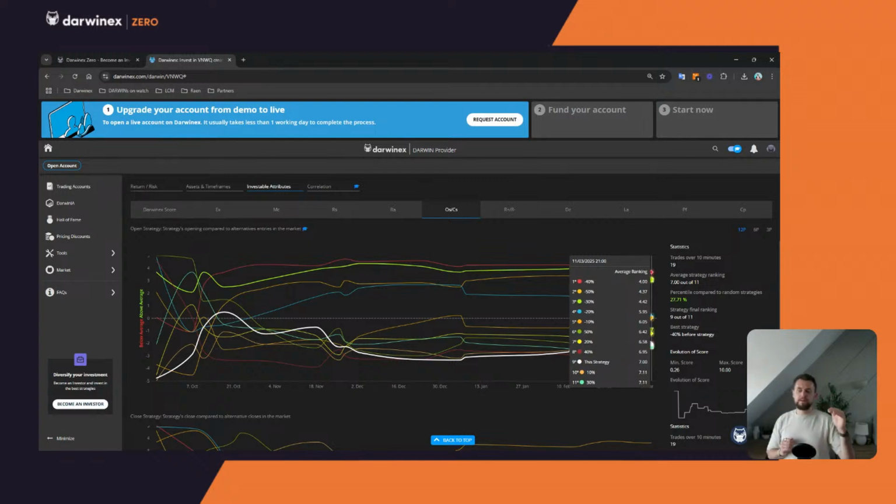There's numbers: minus 40%, minus 50, minus 30, minus 20, minus 10, 50, 20, 40. Then it says this strategy, then 10 and 30%, and it has a ranking. What this is effectively telling you is that if you entered the market 40% sooner, you would be performing far better than you currently are.